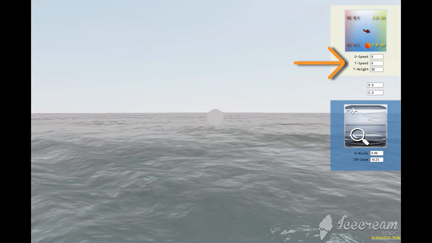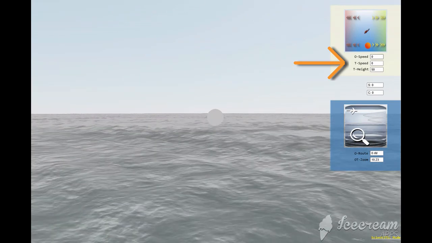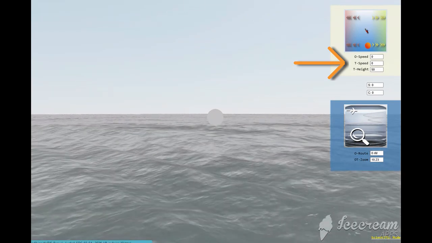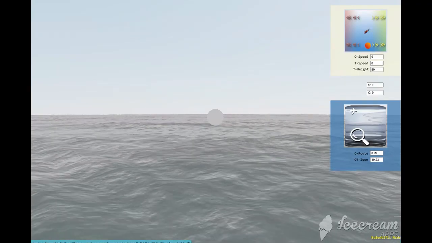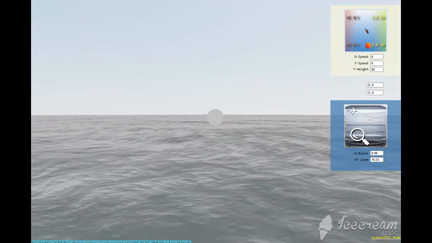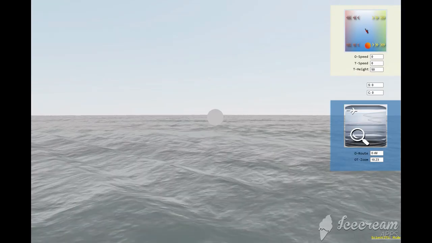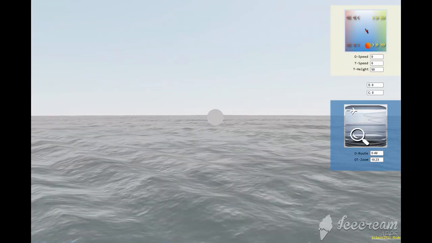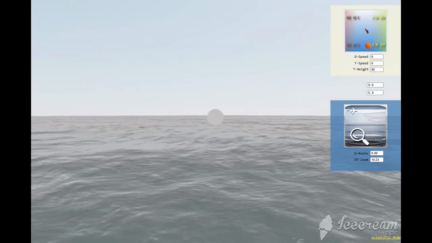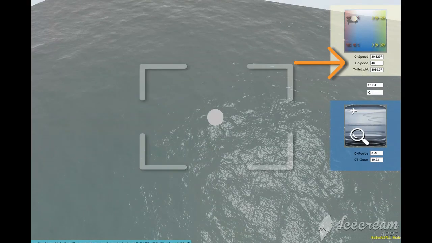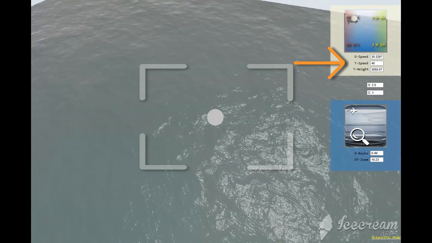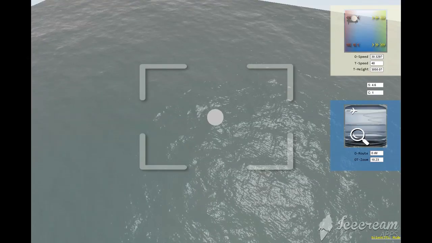So that's the base. Otherwise, if we go back to the A1, this is the mandatory speed for the object up here, 30, and the target speed is 40 kilometers per hour.